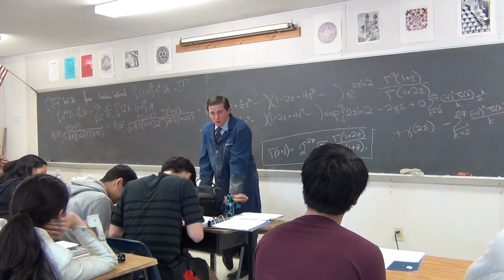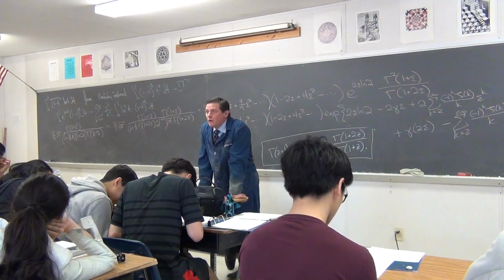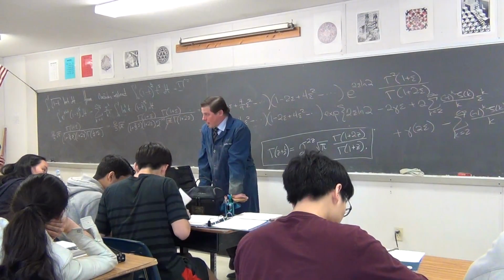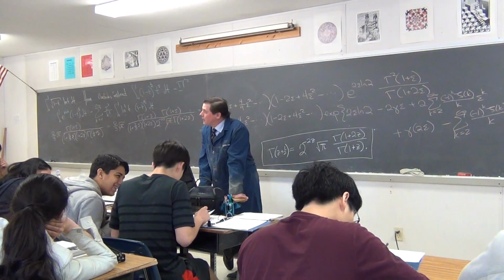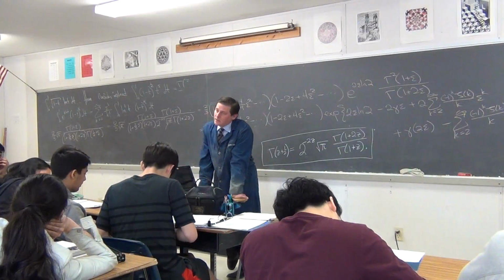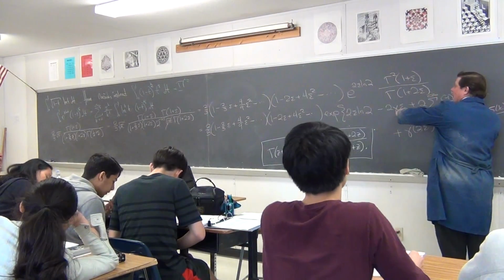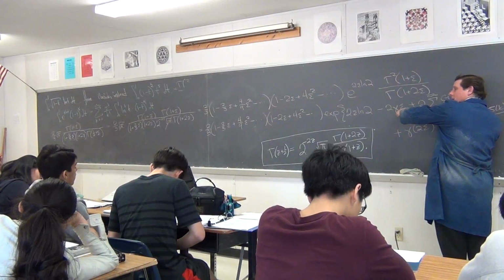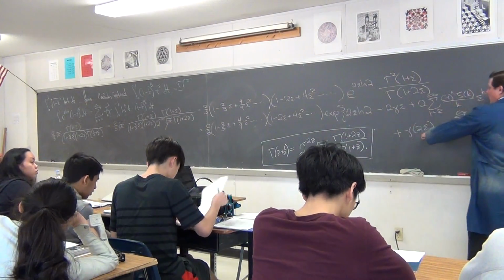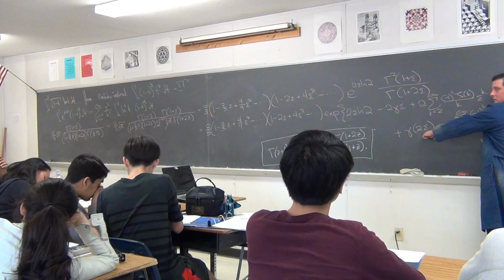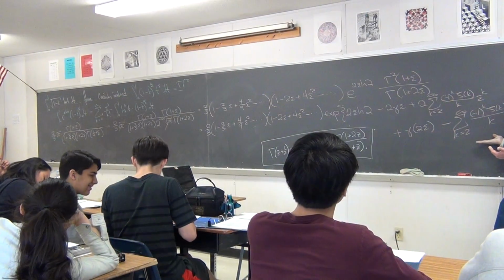So if I've got gamma squared of 1 plus epsilon, then it'll be e to the 2 times all that stuff. If I'm dividing by gamma, then it'll be subtract all that stuff. So this part here is gamma squared 1 plus epsilon. This part here is 1 over gamma 1 plus 2 epsilon. Does that make sense?